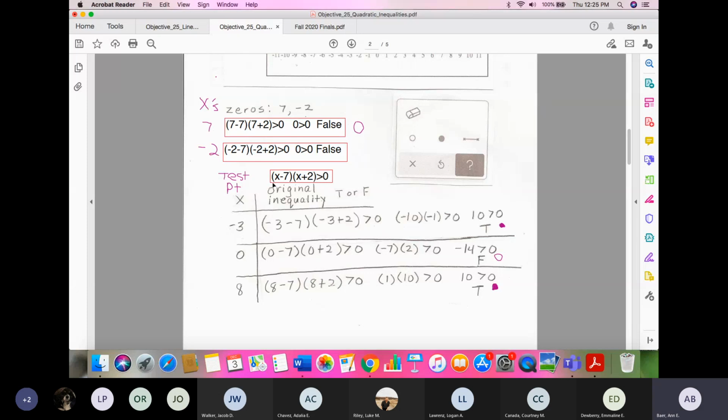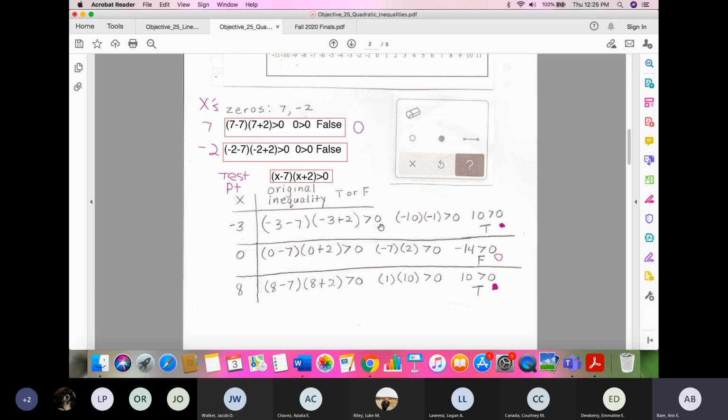So let's check. So this test point, which is an x, let's take this -3 and plug it in here for x and here for x. We get -3 minus 7. When we plug -3 in here, we get -3 plus 2, greater than 0.